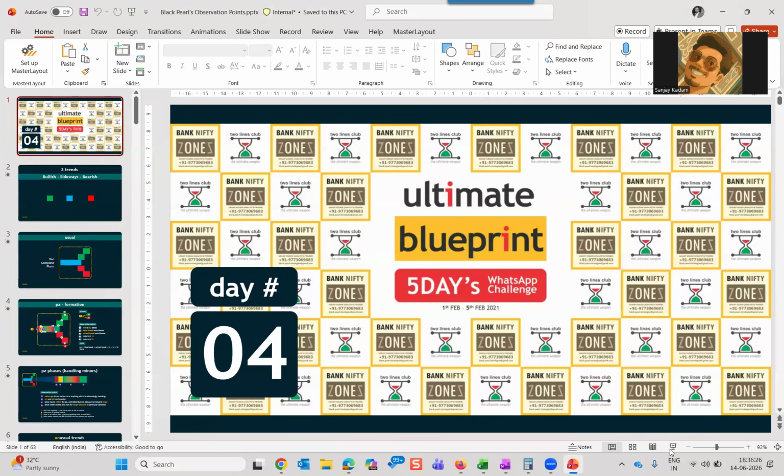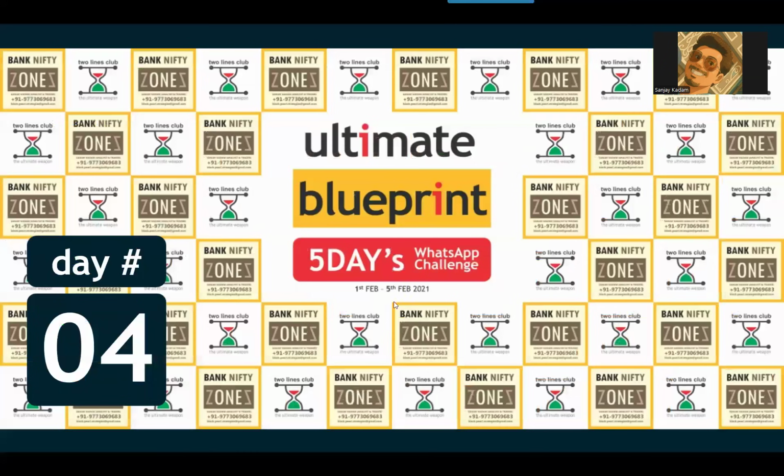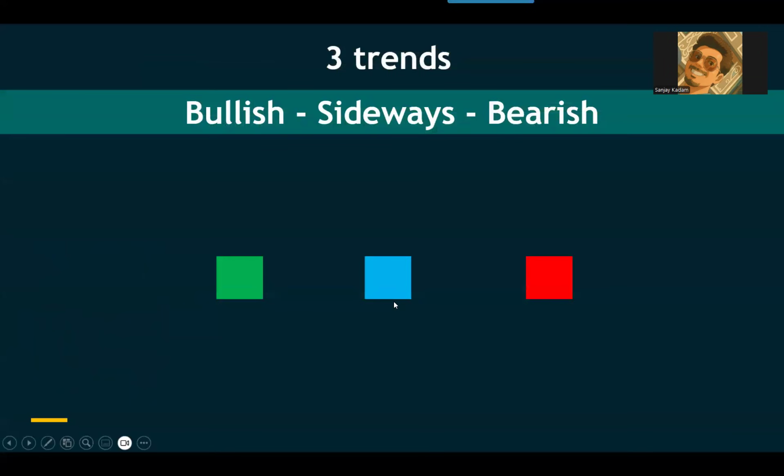So as per two lines theory, market is always in three different potentials or three different moods. So one is bullish mood, one is sideways mood, and the last one is bearish mood.